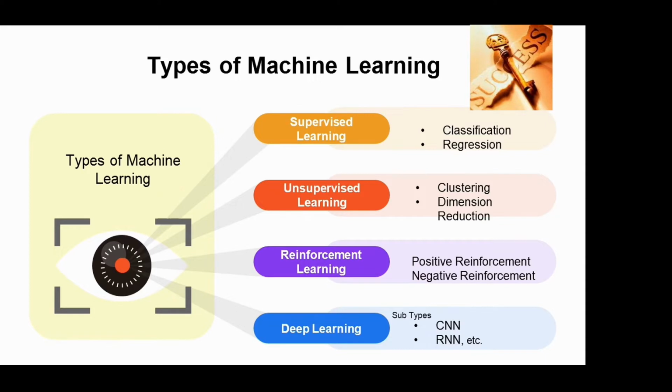The third category of machine learning is reinforcement learning. Reinforcement learning means the machine will try to achieve the best solution. The machine will try various paths or various kinds of strategies to find the best optimal solution.